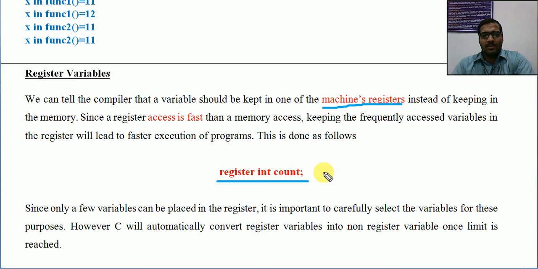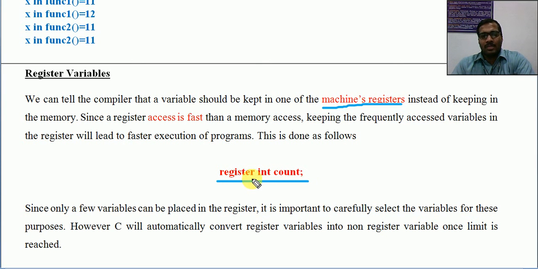Normally we are not using it. First thing is, machine registers have very low capacity, so we cannot store many variables as register variables. If the size exceeds the register capacity, even if you are using the register keyword, it will be considered as a local variable only.